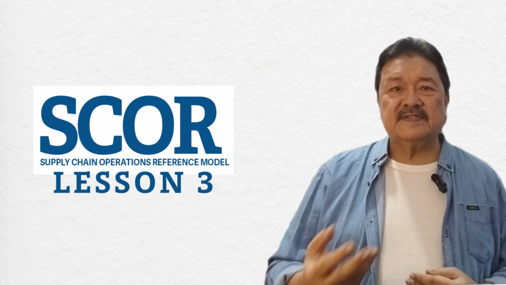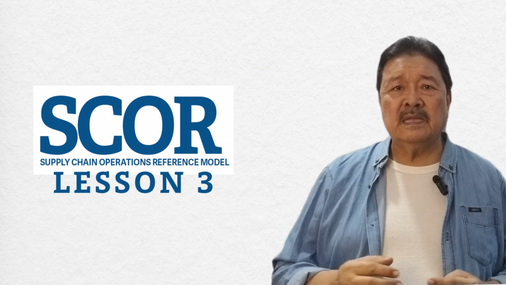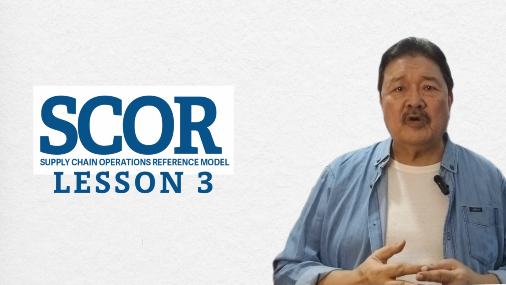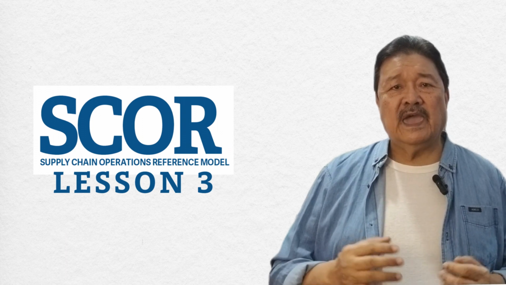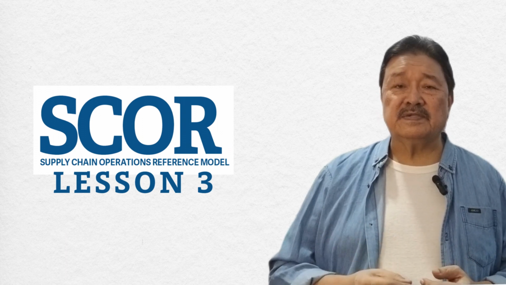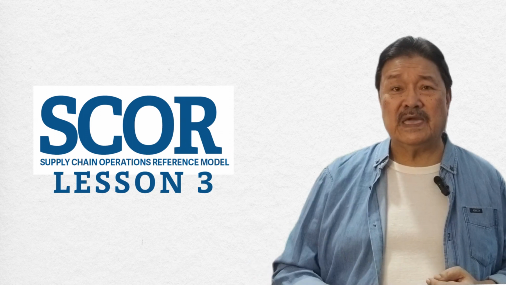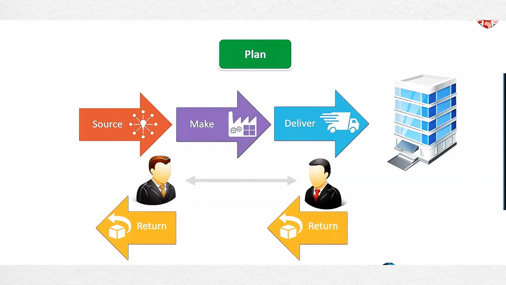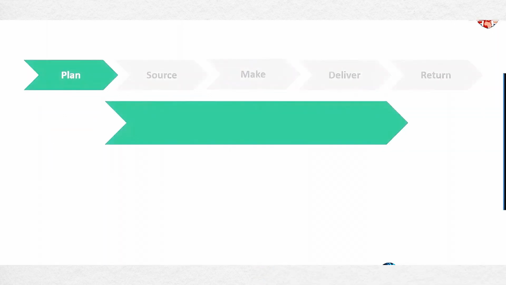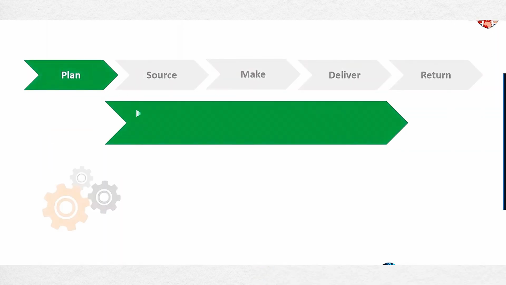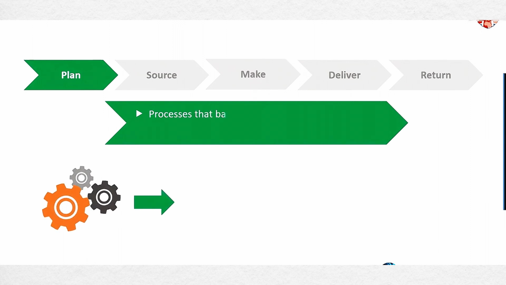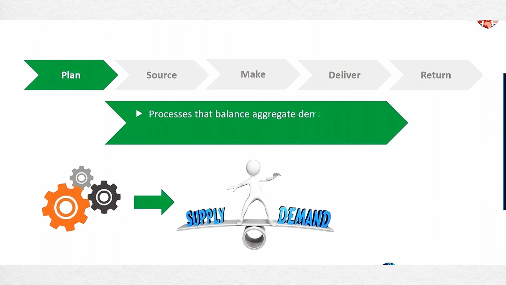Okay, let's discuss the model a little bit and discuss SCOR processes. There are 6 level 1 SCOR processes, which by now you should already commit to memory: plan, source, make, deliver, return, and enable. Plan processes describe the activities associated with developing plans to operate the supply chain.